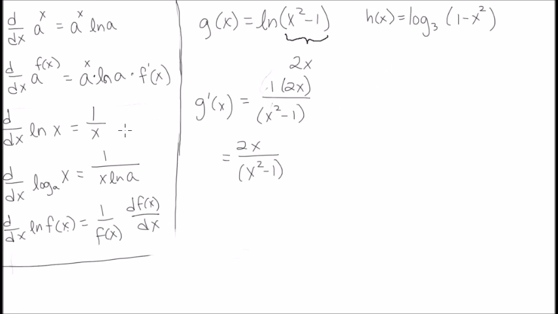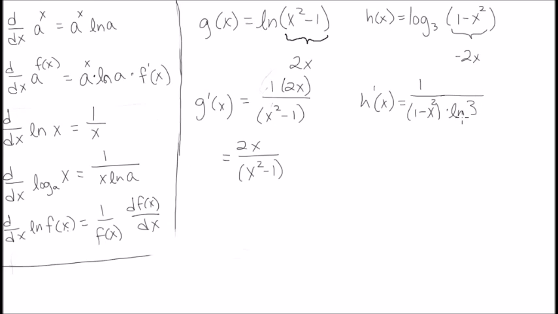For this other, we need to basically do the chain rule version of the non-natural logarithm form. So again, we take the derivative of this inside term. It's negative 2x. We look at how you take the derivative of a base other than natural log, and you see that the derivative here is going to be 1 over the term in the logarithm, 1 minus x squared, times the natural log of the base.